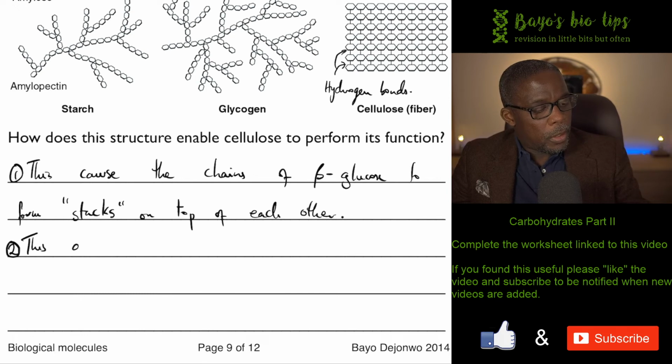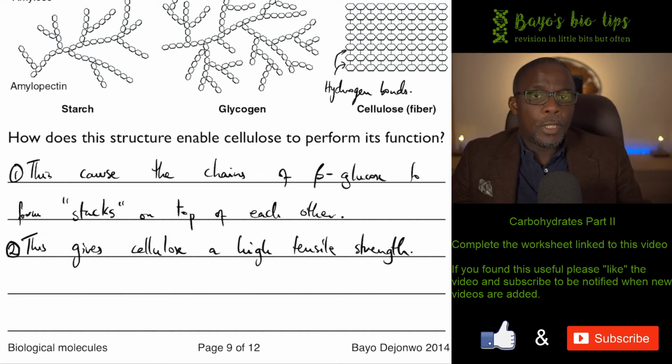This gives cellulose a high tensile strength. What does that mean? It means that it makes it quite difficult to break large molecules of cellulose. It makes it very strong. So if you look at something like a tree in the wind, it doesn't just snap. It actually is able to withstand the forces against it. So it gives a high tensile strength.